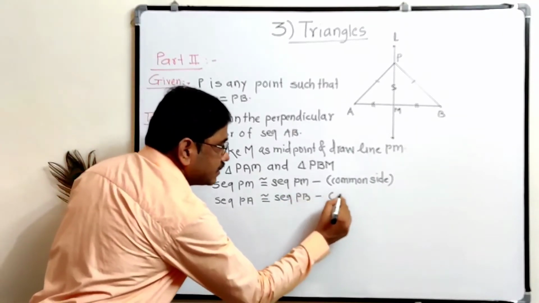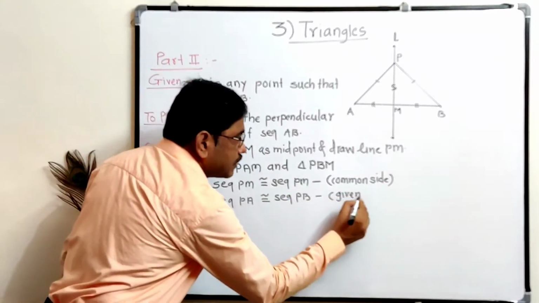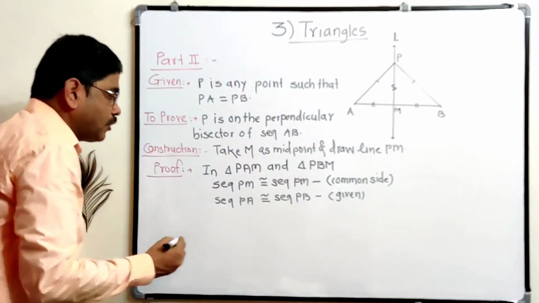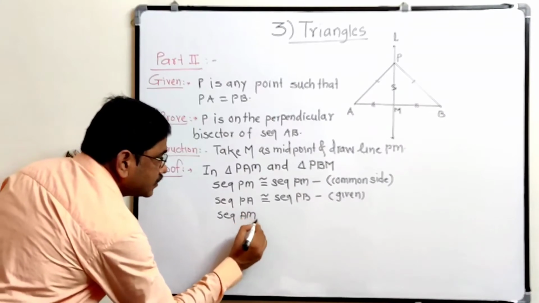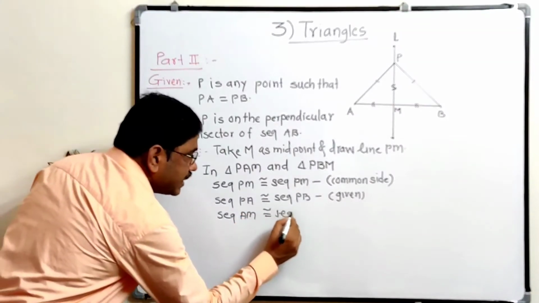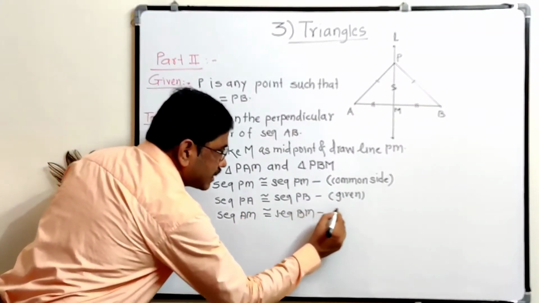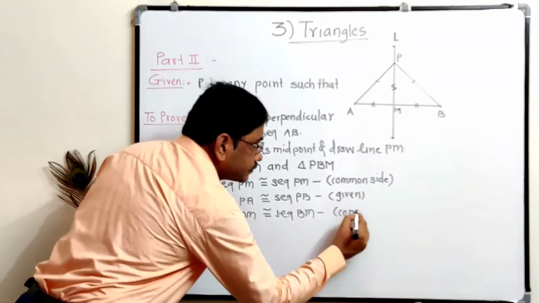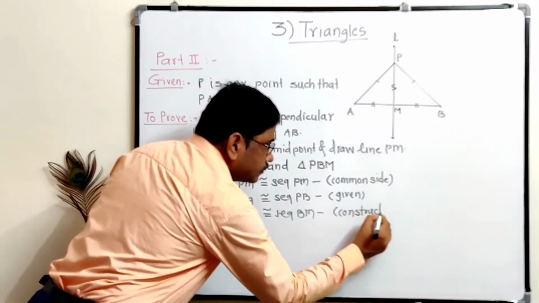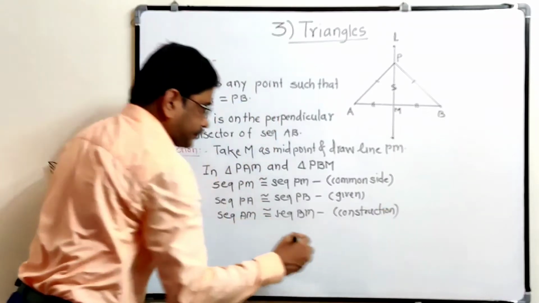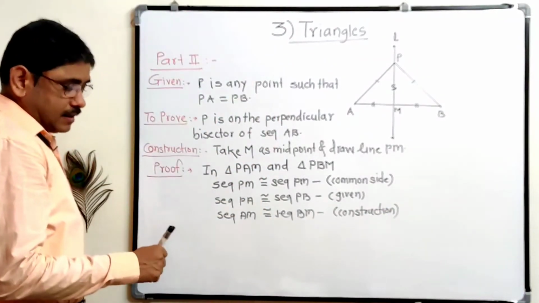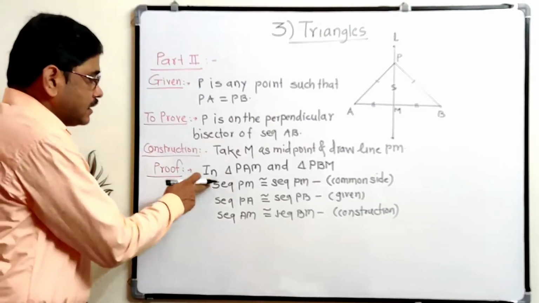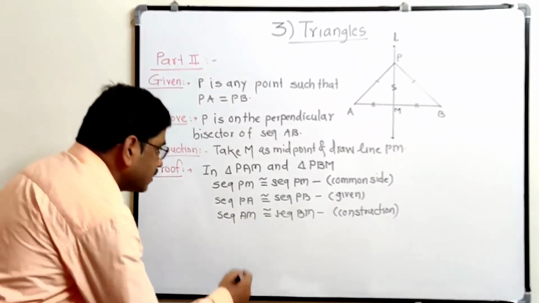This is given because P is equidistant from the endpoints. And segment AM congruent to segment BM. This is our construction. Therefore, these triangles are congruent by which test? SSS. Three sides are congruent.